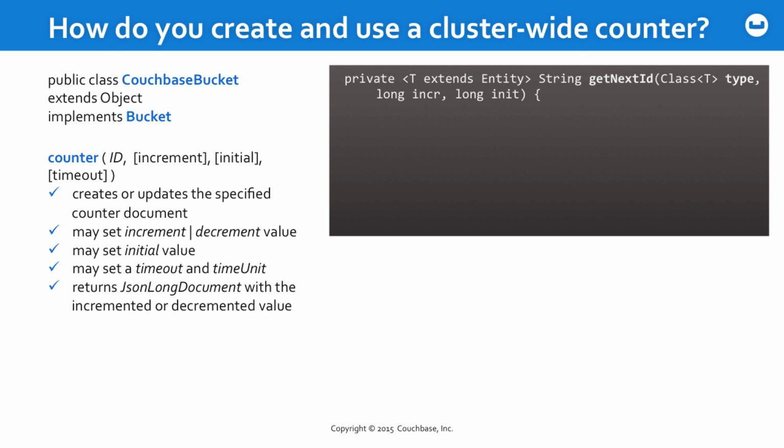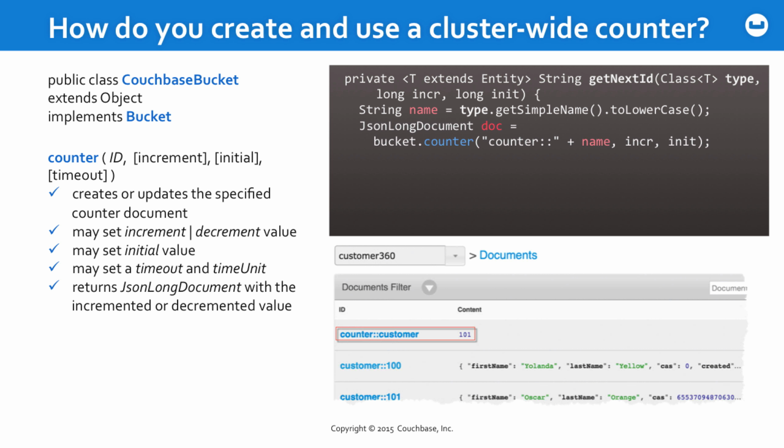You could implement a method getNextID that's going to determine what particular document to access based on a pattern that you've baked into the application. In this case, we're taking the particular local domain type, getting its name, lowercasing it, and using that as part of creating or updating a particular named ID. The convention being used here is counter: and then the type name.